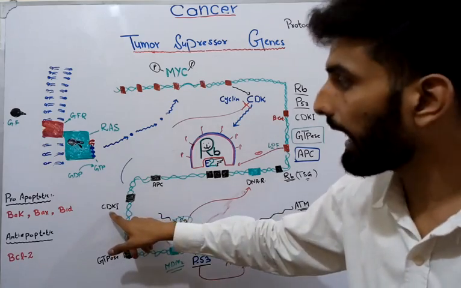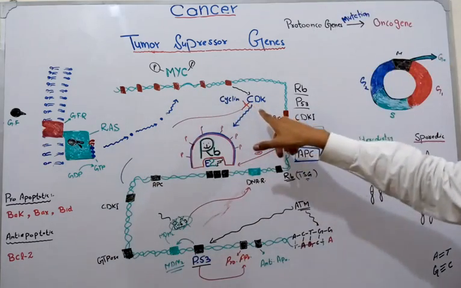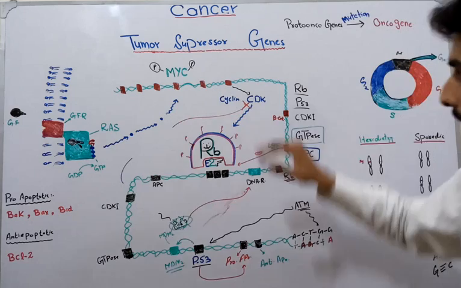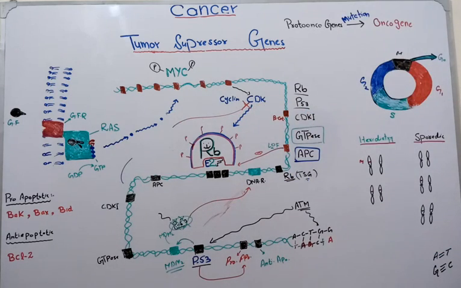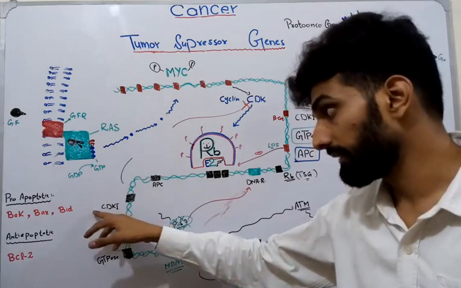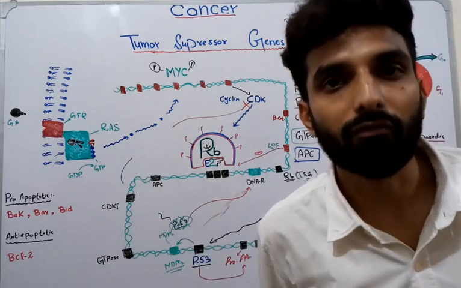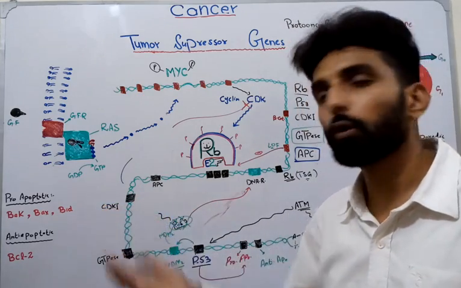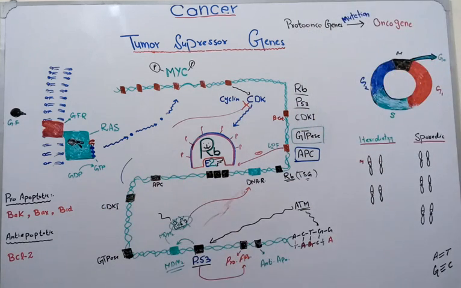Obviously, CDKI was inhibiting the cell cycle by inhibiting the cyclin dependent kinase. So as CDKI was inhibiting cell proliferation, it is also a tumor suppressor gene, and a mutation in CDKI can also lead to cancer.